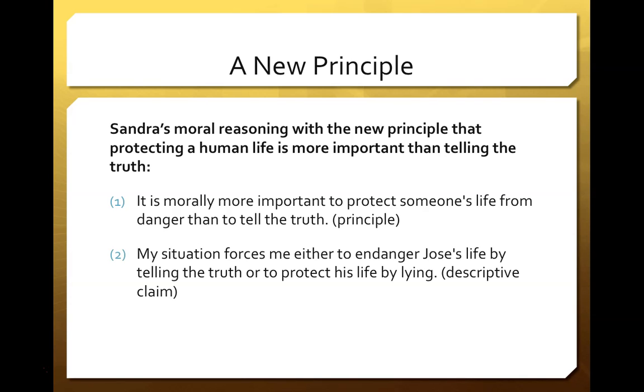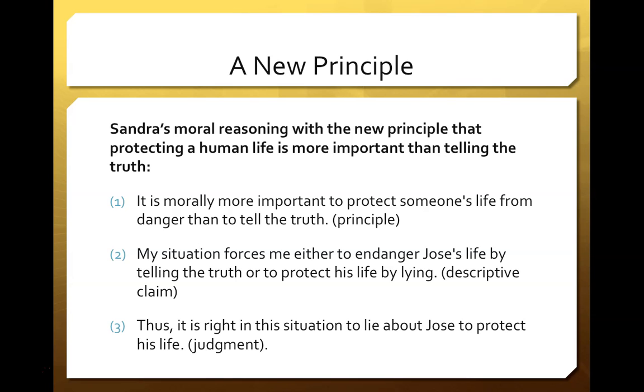My situation forces me to either endanger Jose's life by telling the truth, or to protect his life by lying. This is the descriptive claim. Remember, the descriptive claim moves you from the principle to the situation that you're currently in. And then we end up with our moral judgment. Thus, it's right in this situation to lie about Jose to protect his life. All right.